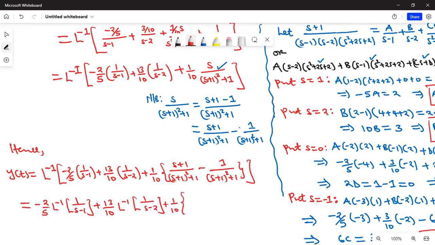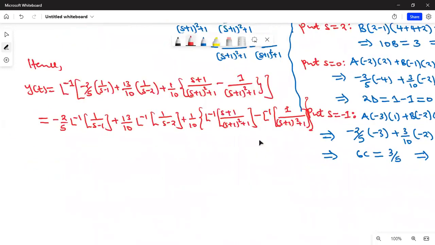Here we have this bracket, L inverse of (s plus 1) over (s plus 1) squared plus 1, then minus L inverse of 1 over (s plus 1) squared plus 1. So that's what we have. There's another closing bracket.